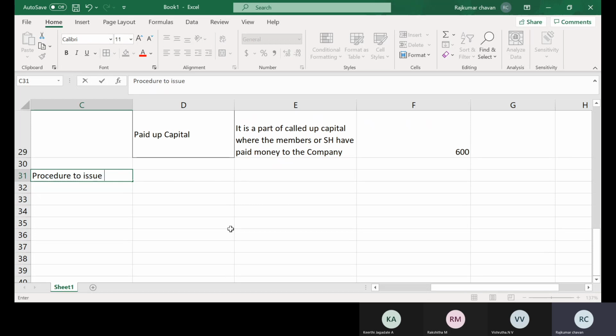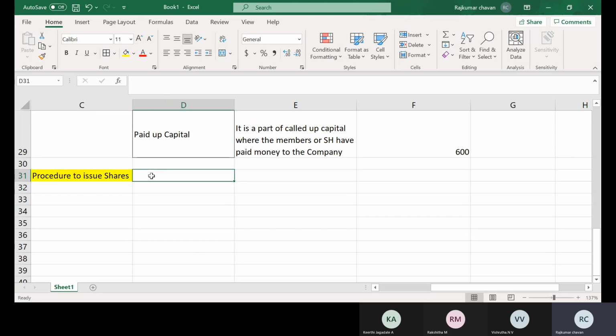Procedure to issue. What is the basic procedure by which the company issues shares? Procedures means the rules and regulations they have to follow and the steps a company will take while issuing the shares.